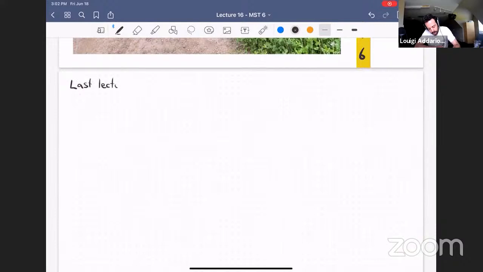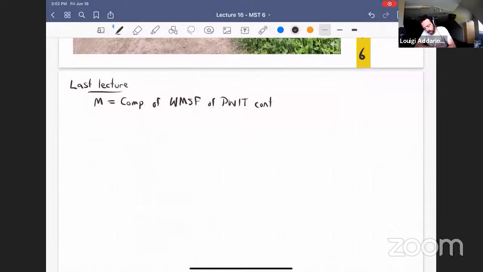So where were we? We were looking at this object M, which is the component of the minimum spanning forest on the PWIT, the wired minimum spanning forest of the Poisson weighted infinite tree containing the root.